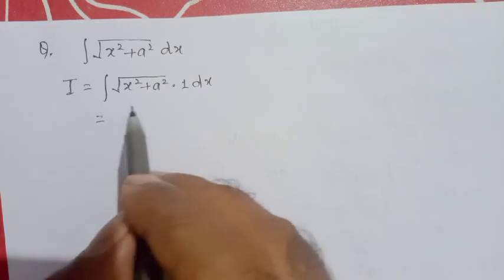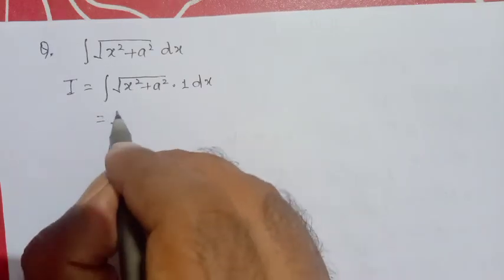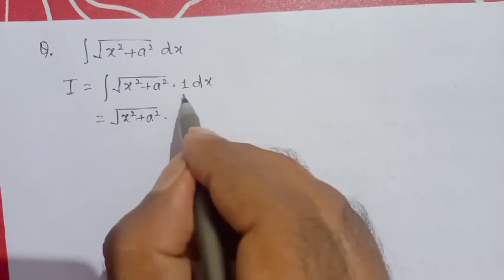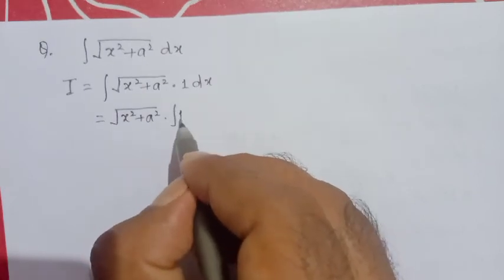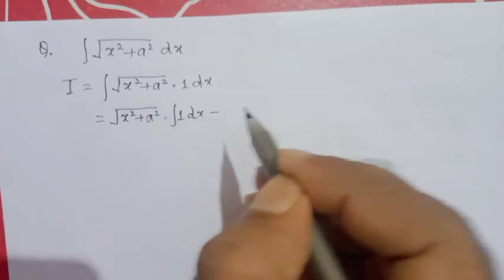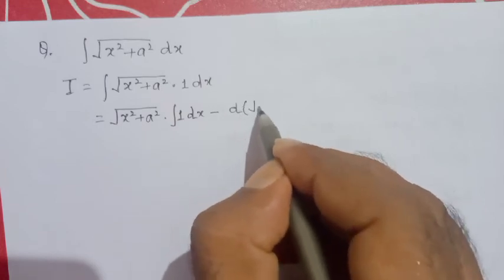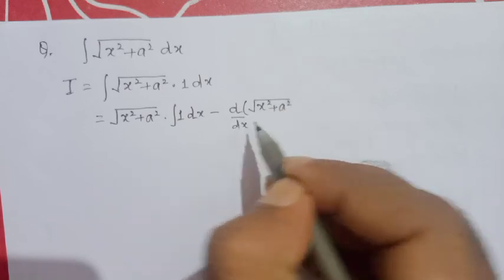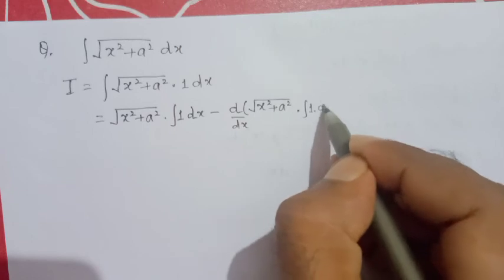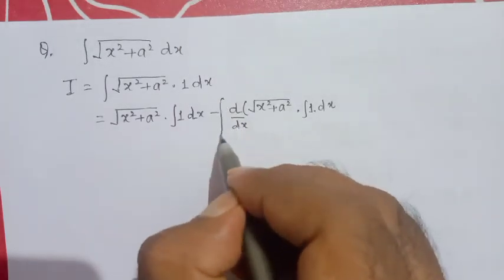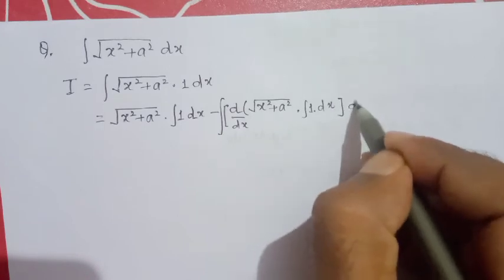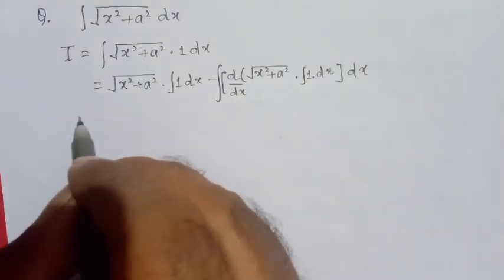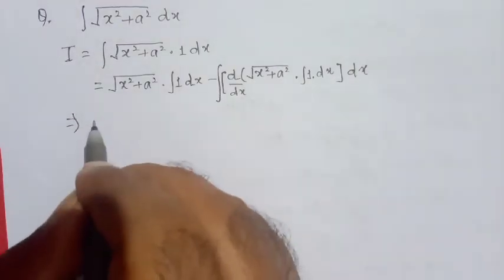So write down accordingly that formula: u, that is under root x square plus a square, into integration of v, just place on the formula, minus differentiation of under root x square plus a square into integration of v, and its whole integration. Now write down their values.